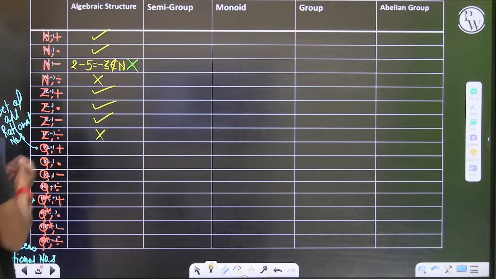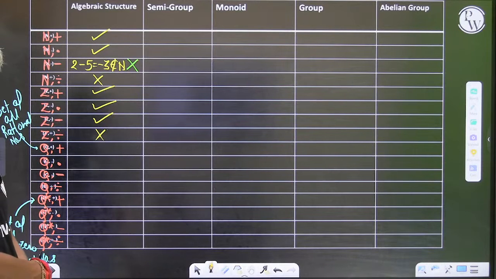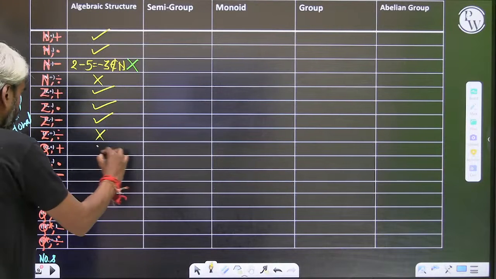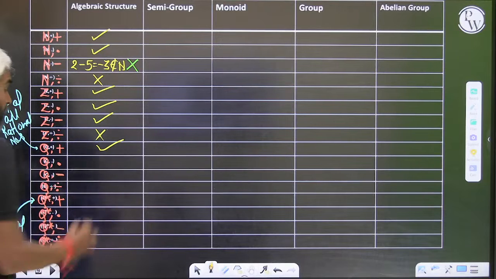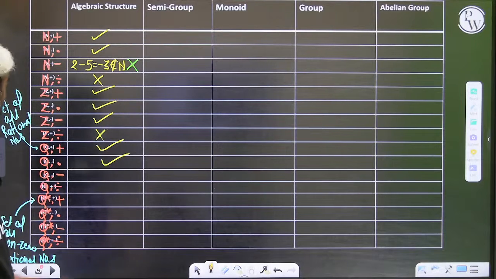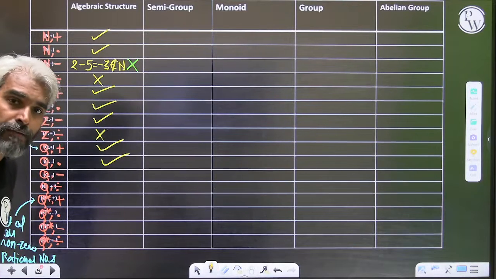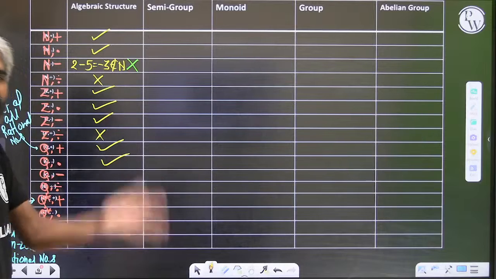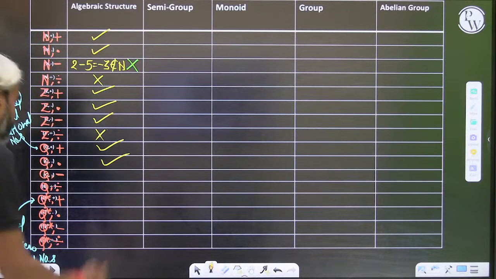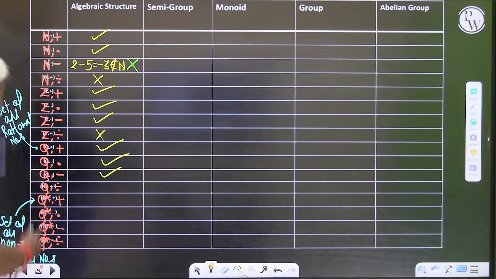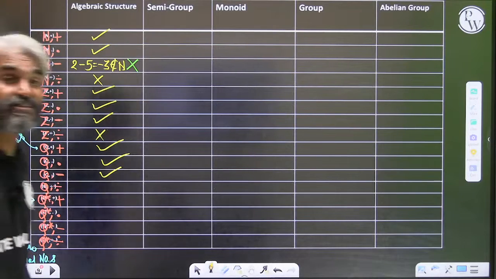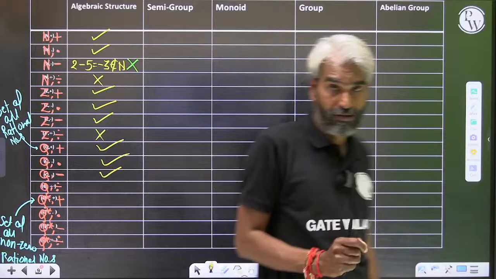Now, if I take any two rational numbers and add them, the result will also be a rational number. Yes, sir. If I take any two rational numbers and multiply them, the result will also be a rational number. If I take any two rational numbers and subtract them, the result will also be a rational number. Yeah, so this is also correct. Now, the idea is, sir, is the set of all rational numbers with respect to division closed or not?